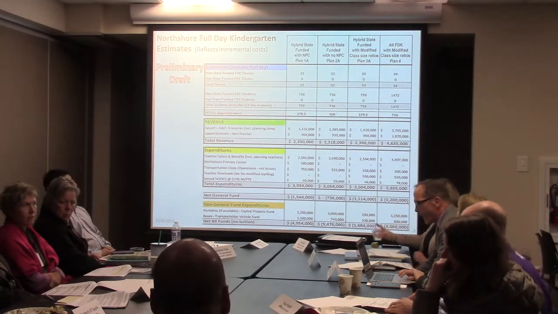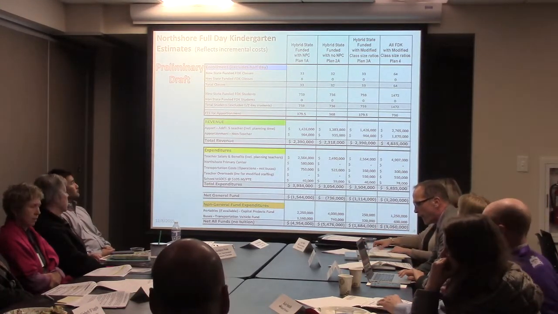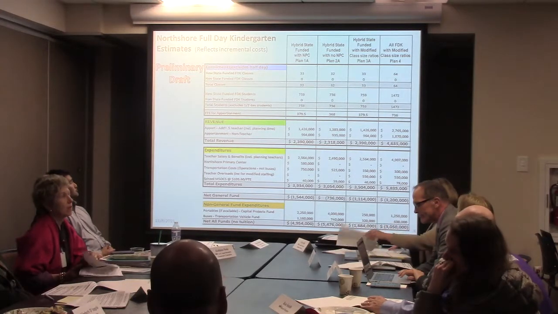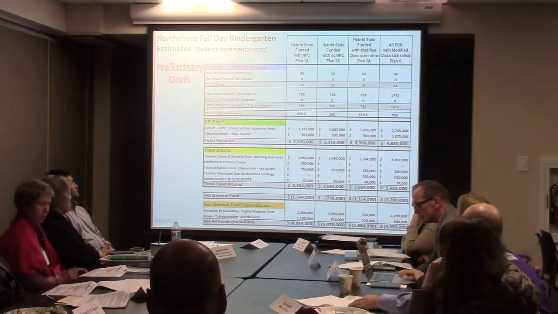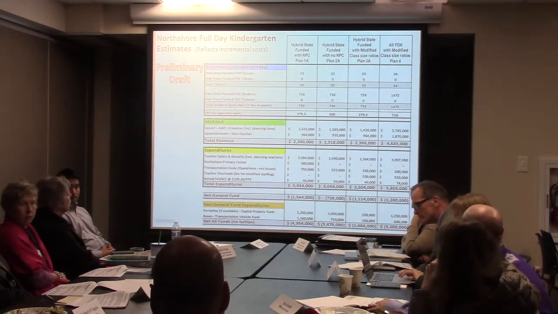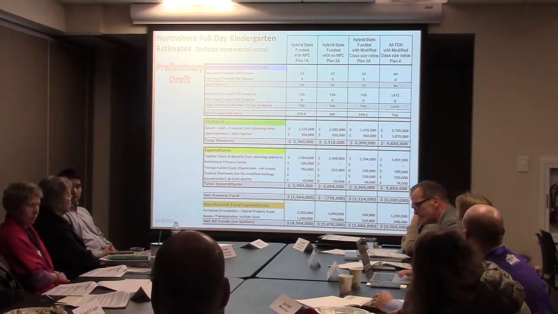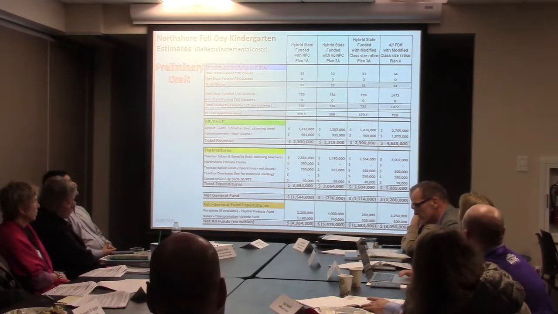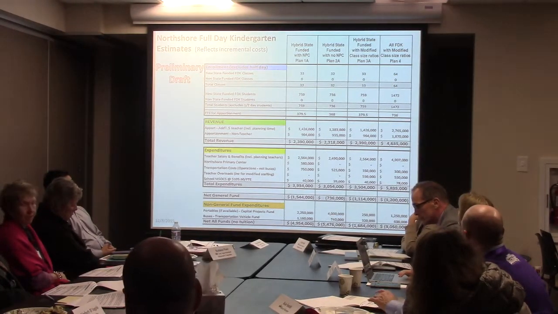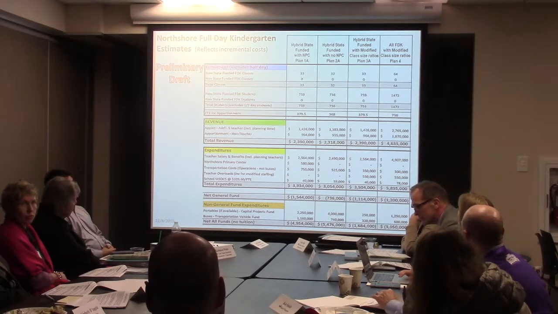All right, so let's get into the cost aspects of all of this. I would just say that all of these cost plans presume that any full-day kindergarten that we offer, we will receive state funding for. We had more columns on here showing the impacts if we were still charging tuition.